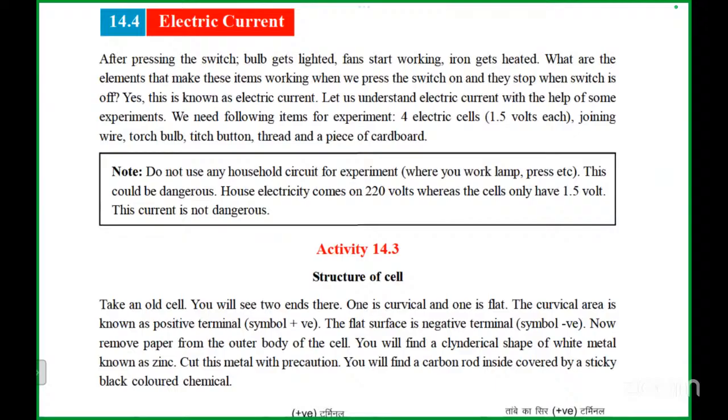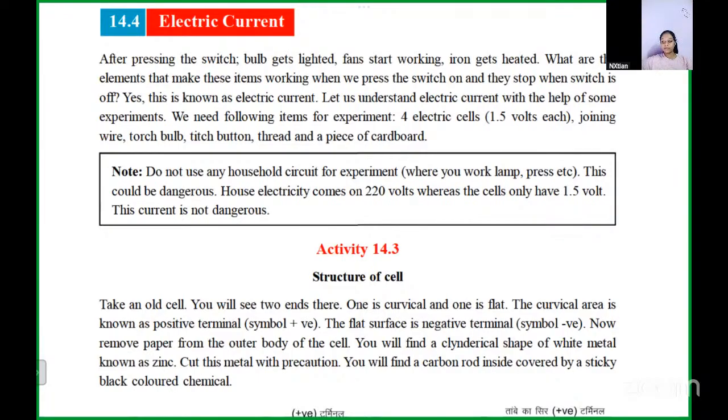Some lights may get switched on, some fans may start working, or something starts heating up like an iron. This happens due to the electric current that passes into those appliances. We will study how this happens, how this takes place.